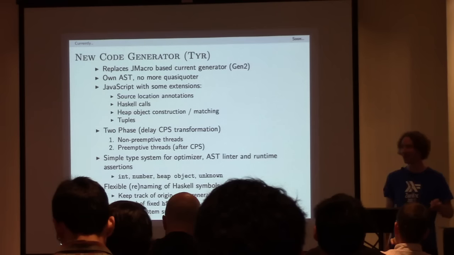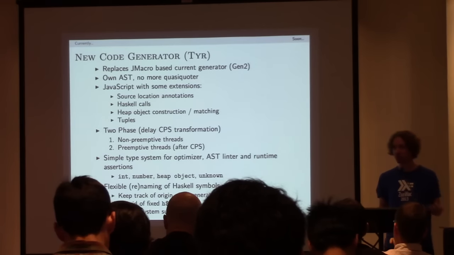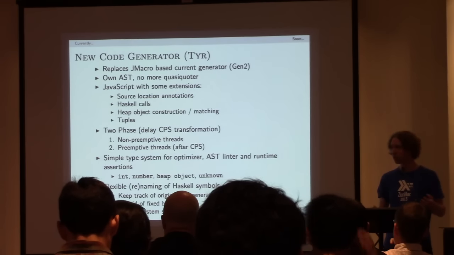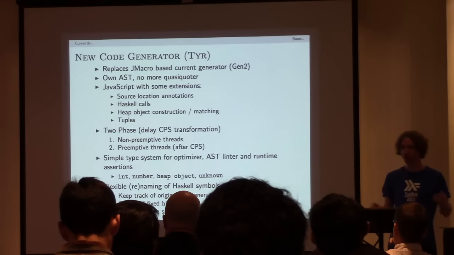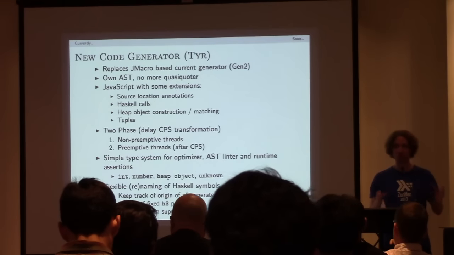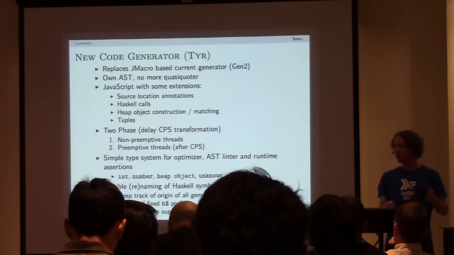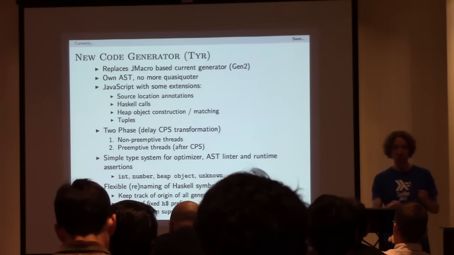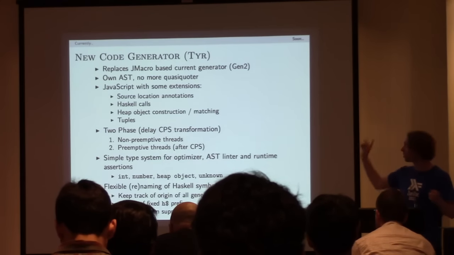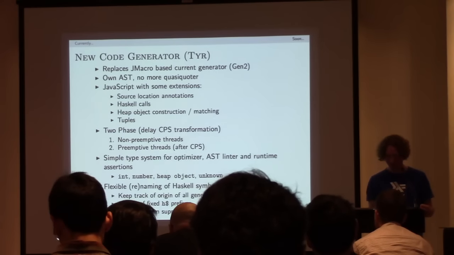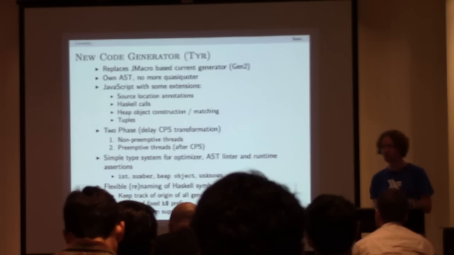I hope you will get it ready before then, but the first version of GHCJS will be released on Hackage without this, and the improvement should be fairly clear, but the main thing is that it makes the whole thing more flexible, and that it allows me as a compiler writer to insert assertions and core linting of the AST, or well, not really core, but this tier linting, to check if my optimizer does things wrong, so I catch them before users catch them, which is usually a good thing.